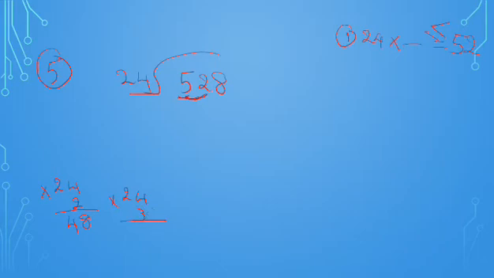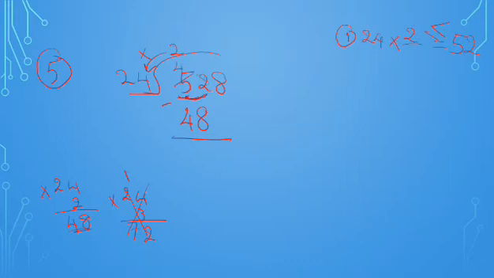Let us see this. 4 times 3 is 12, and carry 1. 2 times 3 is 6, plus 1 is 7, so it's 72, which is more than 52. So I will not take this one, I will take this one. So 24 times 2. So I will write here up 2. I multiply 2 times 24, which is 48. Write it here. Subtract 2 minus 8 cannot be, so borrow from the 5.